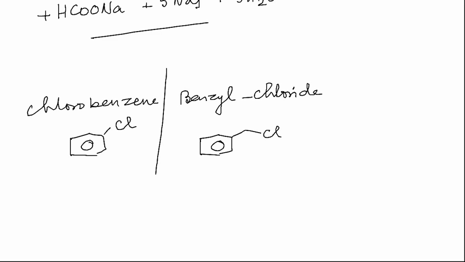Try out the similar test with chlorobenzene: it does not react with NaOH under ordinary conditions. When chlorobenzene is heated with NaOH and the resulting solution is treated with AgNO3, no white precipitate is formed. So this is the way in which we can distinguish between benzyl chloride and chlorobenzene.